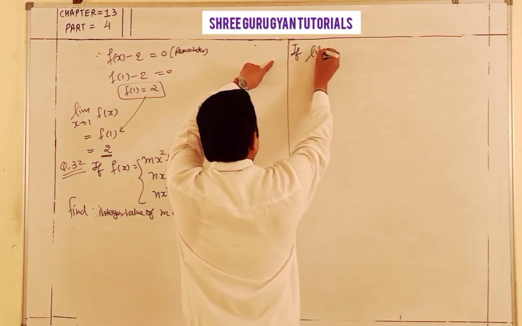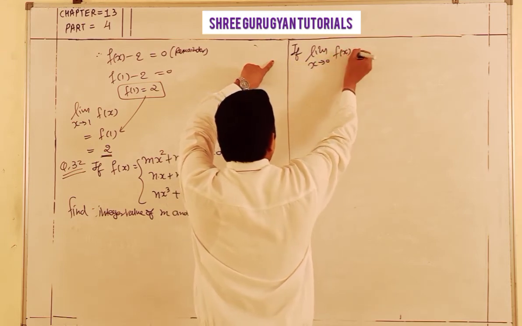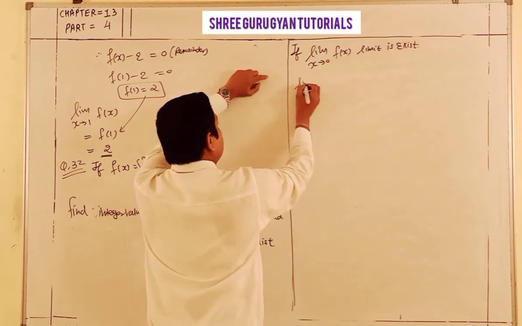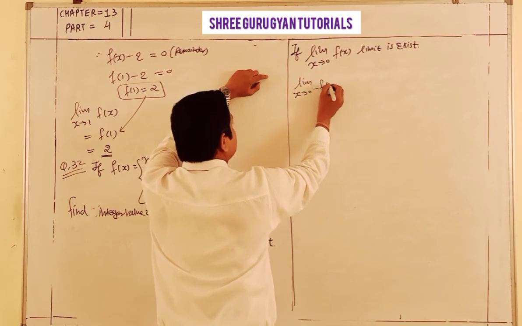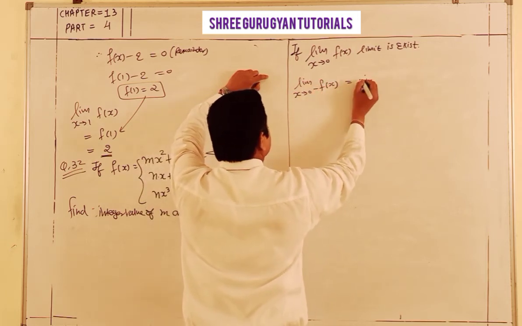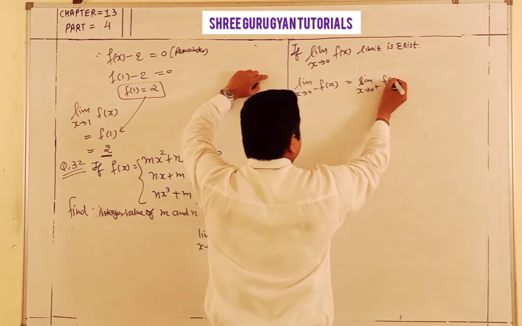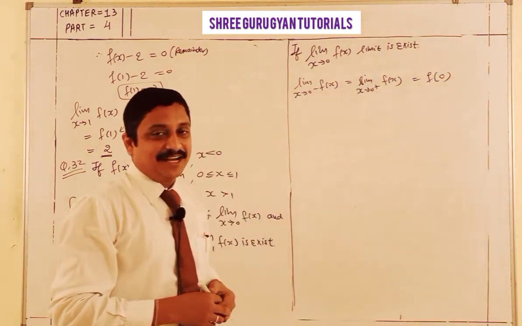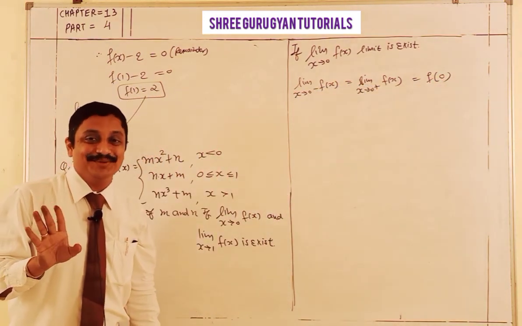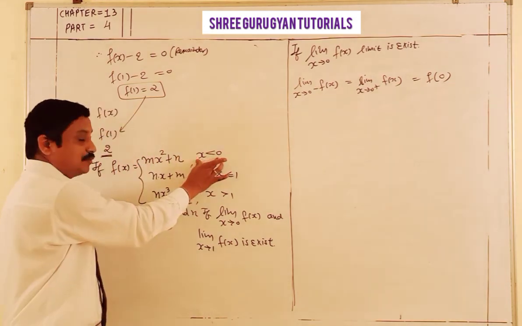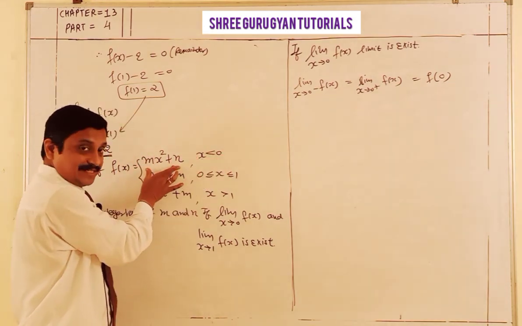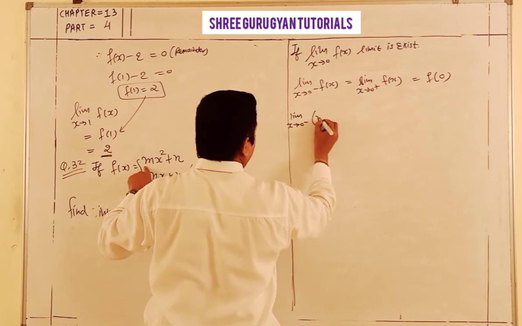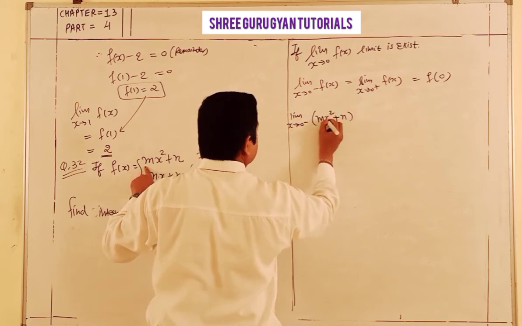In our first case, the limit as x tends to 0 of f(x) exists. It means the limit as x tends to 0 from the left of f(x) is equal to the limit as x tends to 0 from the right of f(x), and is equal to f(0). Directly you will cover the sandwich rule if a limit exists. Now x tends to 0 from the left, it is covered by mx square plus n.